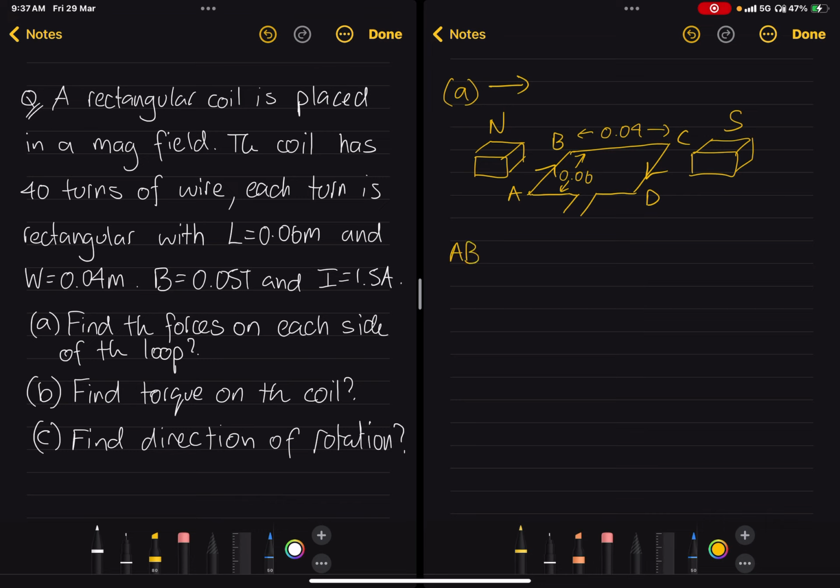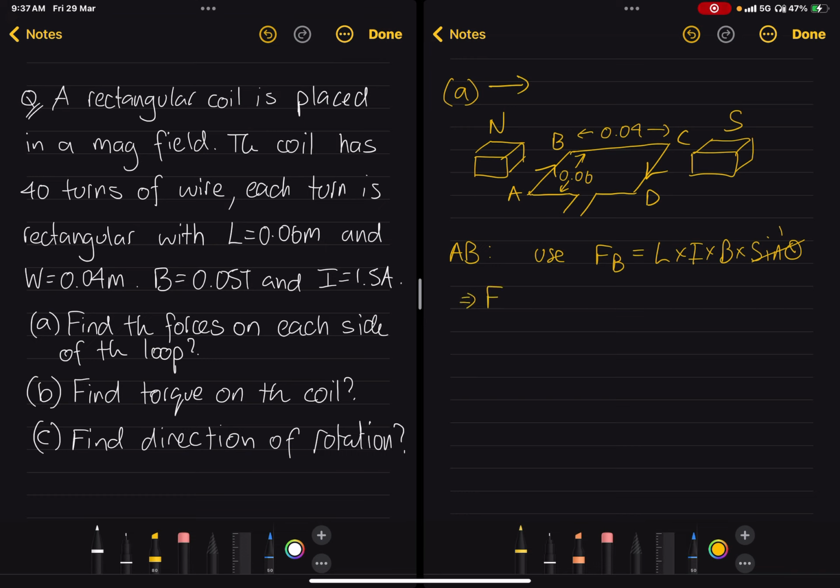We can use our formula for the force on a wire in a magnetic field. So we're going to use force due to a magnetic field on a current-carrying wire is the length of the wire times the current times the field times the sine of the angle between the wire's orientation and the field. So we know this is going to be 1 because it's 90 in this case.